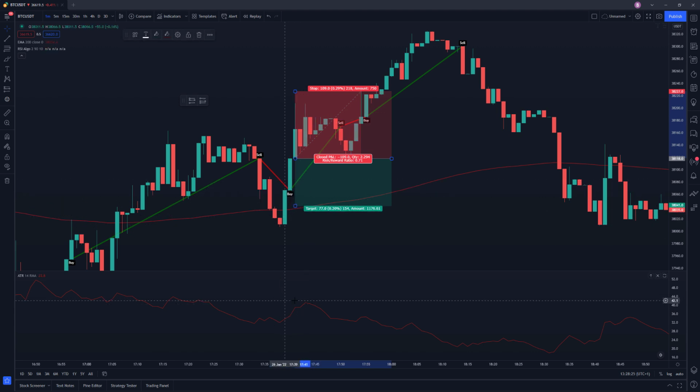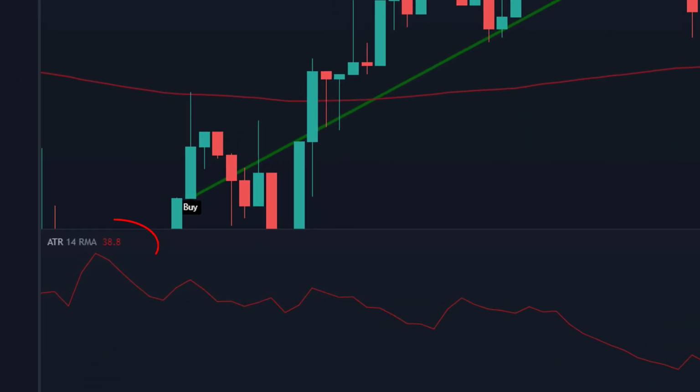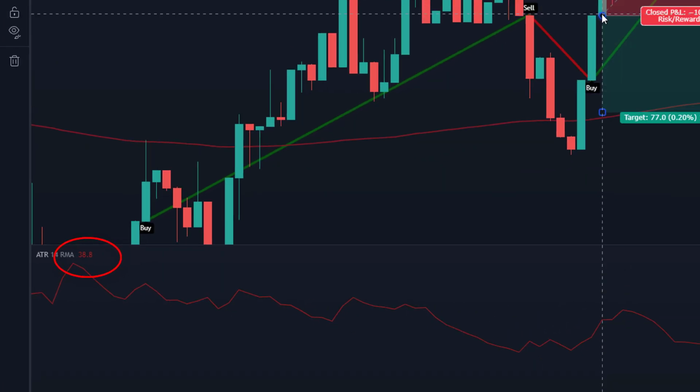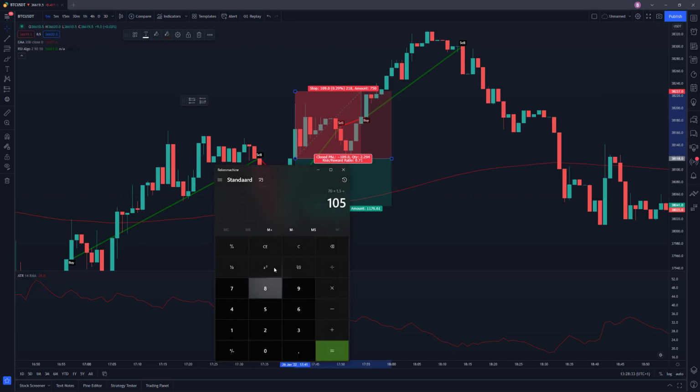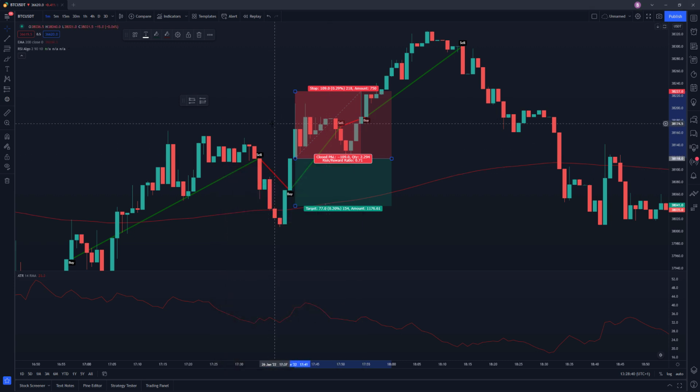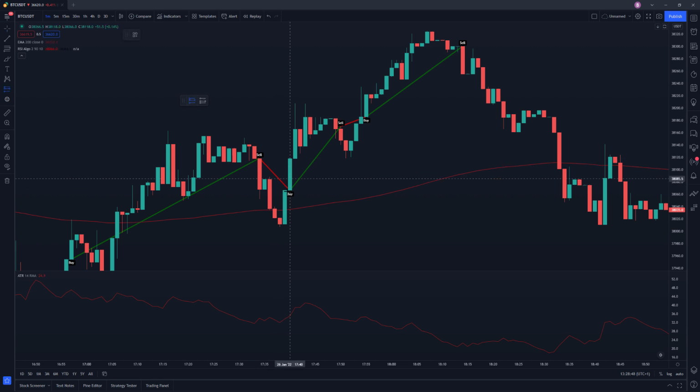So we take a long position on the next candle when it says buy, of course. Then we check the current value of the ATR. That's going to be 38. I'll zoom in for you. We're going to do that 38 times 1.5. It's going to be 57. Oh, we take a long position, never mind, this one.